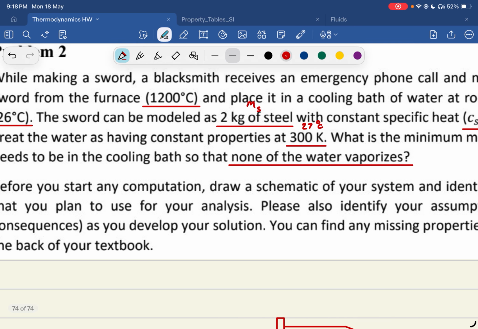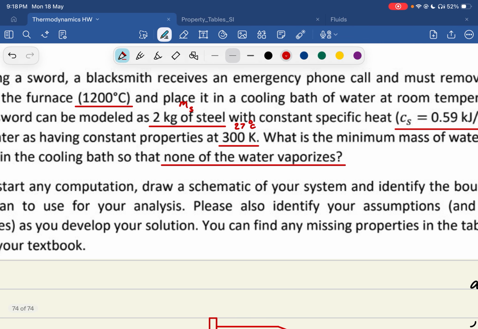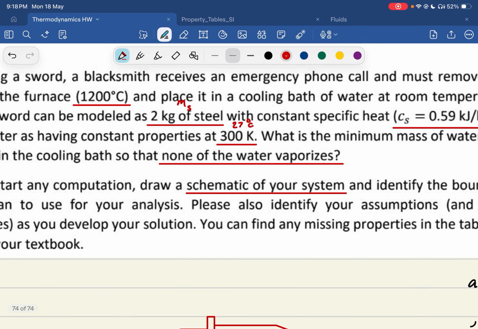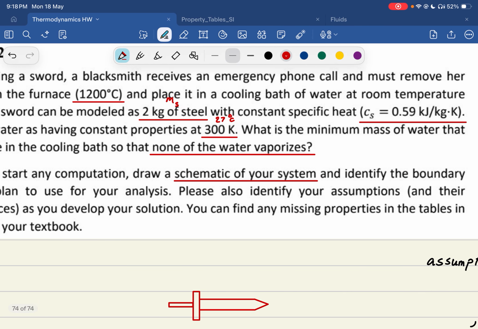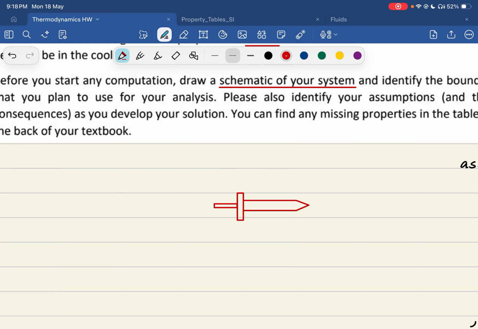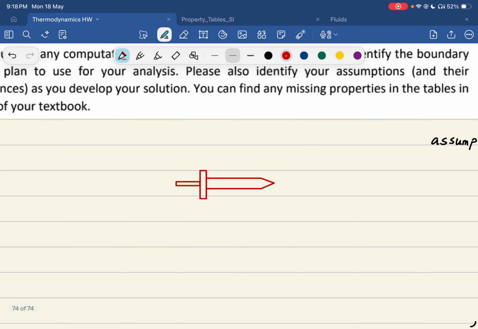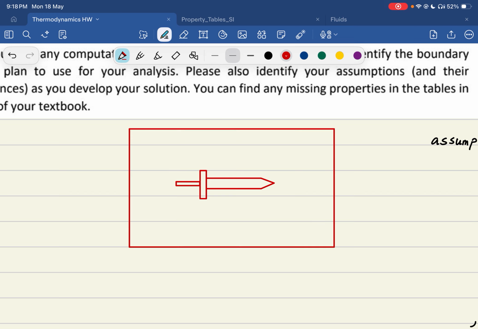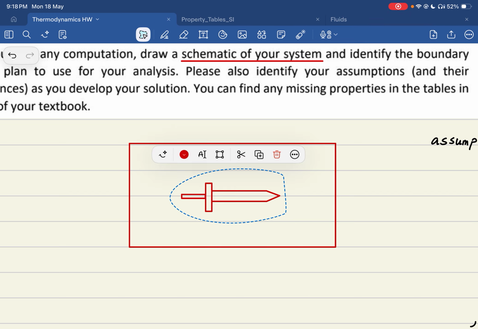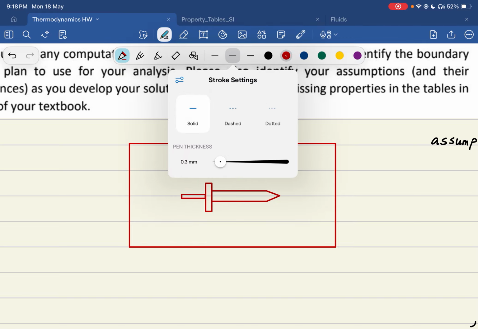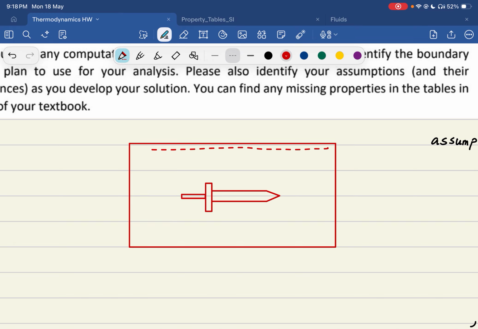Before you start your computation, draw a schematic of your system, identify all boundaries, and identify any assumptions. So we would draw our boundary over here, and here is our boundary.